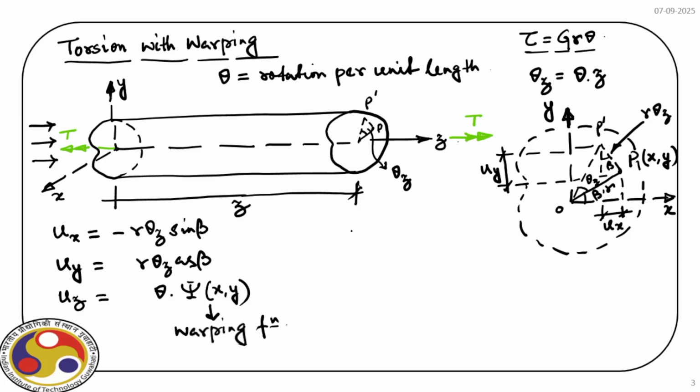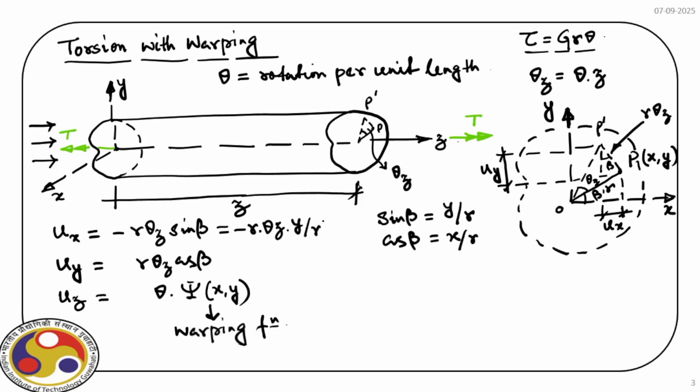Now let us also evaluate sine of beta. From the coordinates, sine of beta is y by r, and cos of beta is equal to x by r. So we can simplify the expression of ux. We have minus r; in place of theta z, we can write theta times z, and in place of sine beta, we can write y divided by r.